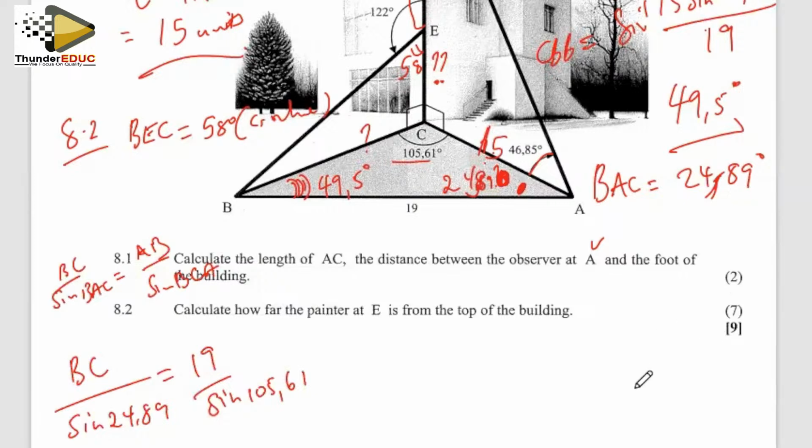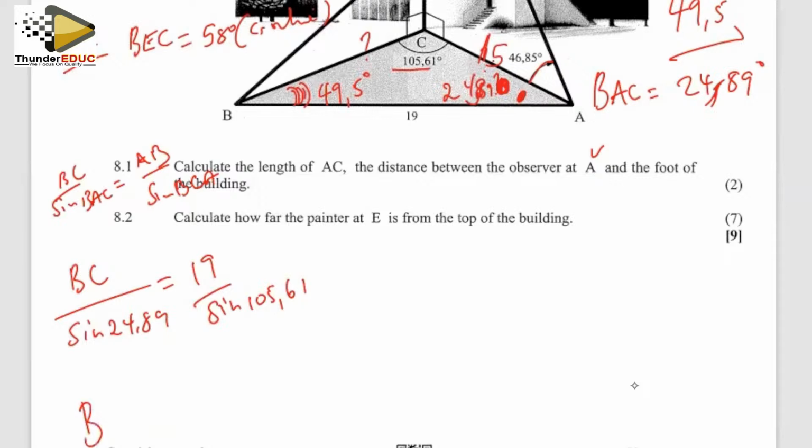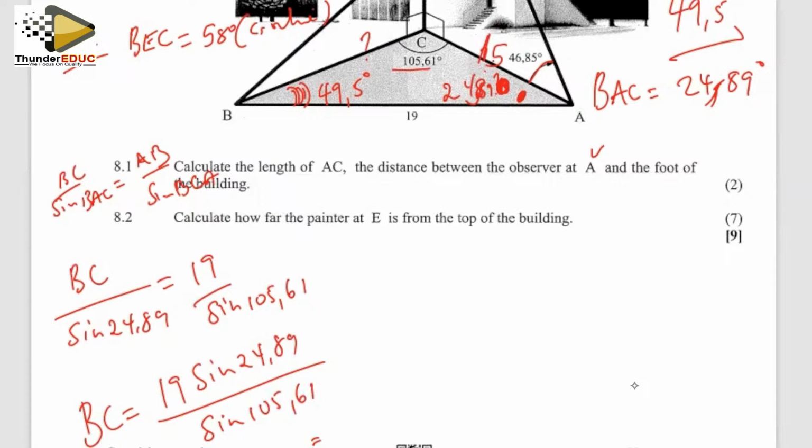Let's make BC the subject, which means BC is going to be 19 times the sine of 24,89 over the sine of 105,61. We're dividing by the sine of 105,61. That gives us 8,3 units, or meters. It's meters.